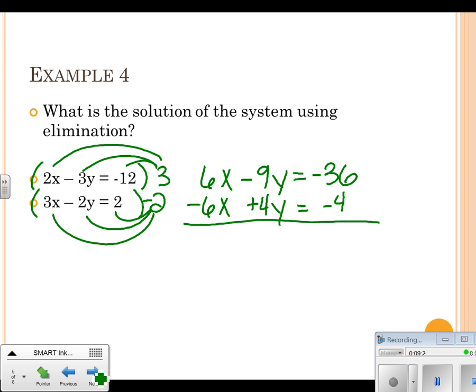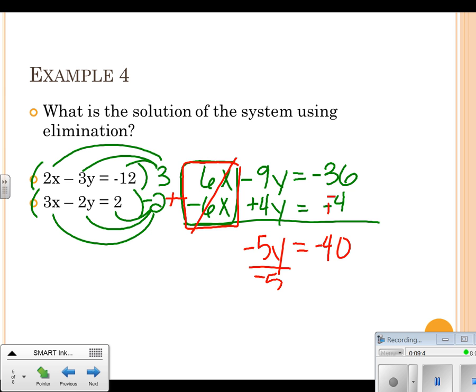In combining these two equations, we're adding, and that's going to eliminate. So let's add. We see right here this is eliminating to 0. We're left with negative 9y plus 4y, so negative 5y. And that would give us negative 40, because we're adding a negative 4 there. Divide both sides by negative 5, and your y is positive 8.